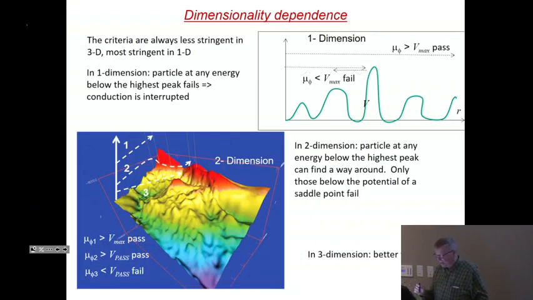So it fails. Now, if you have two dimensions, it's like having an airplane fly over a mountain range. So in 2 dimensions, your airplane doesn't get stuck at the first mountain it finds that's higher than its altitude. It actually can fly around, and it gets stuck only if the mountain passes are higher than the altitude at which you are.